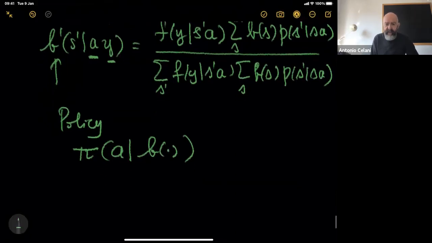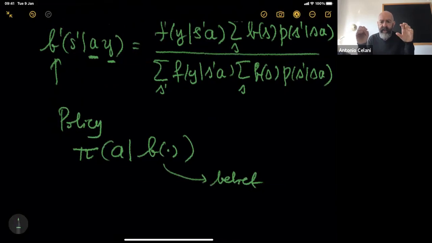By this B with a dot, I mean the full vector of beliefs. So it's a function of the vector of beliefs.